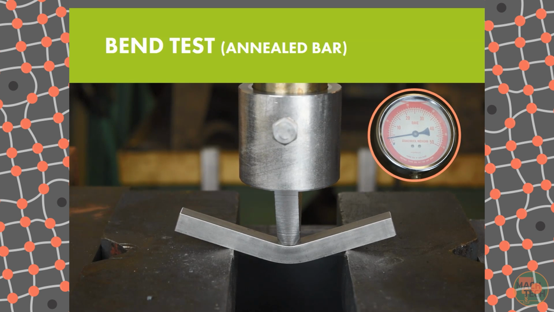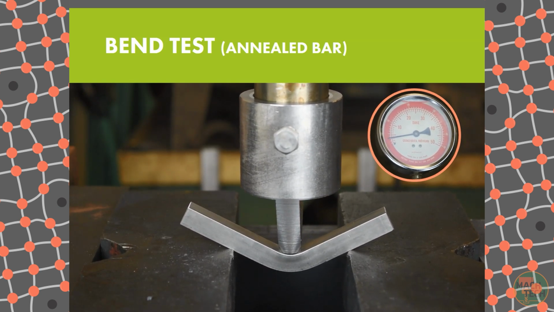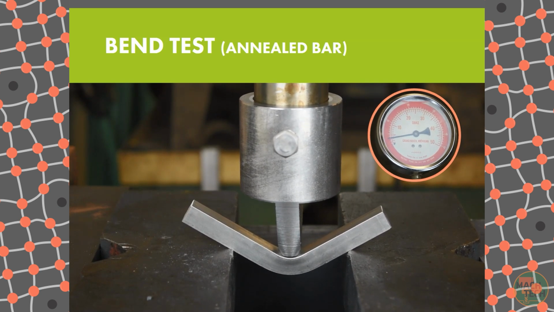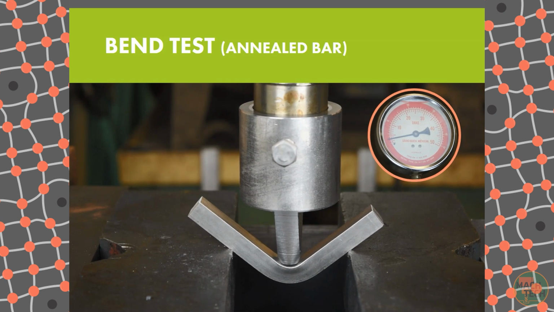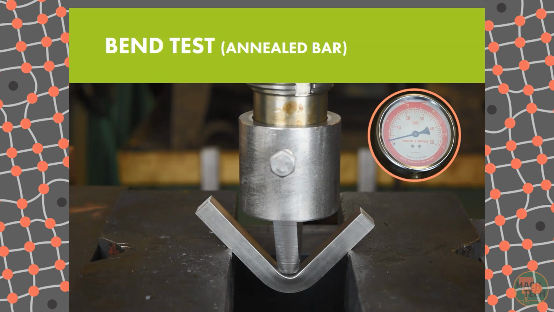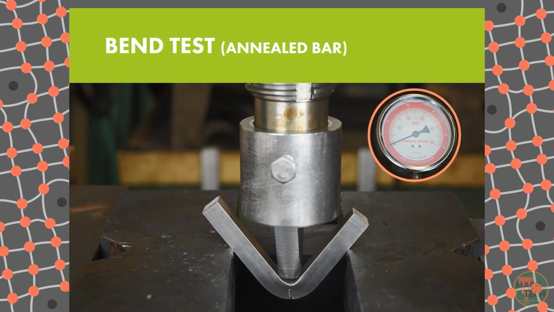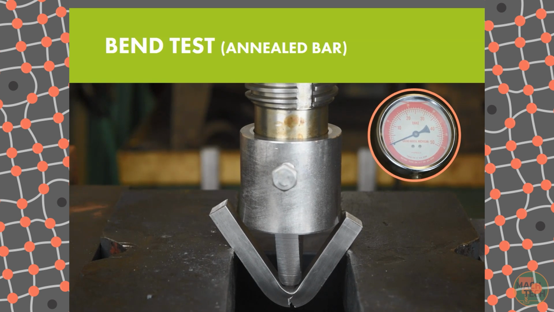The top of the bar is getting squeezed together or put in compression. The bottom of the bar is getting pulled apart or put in tension. The pressure stays pretty constant as the bar bends more and more. In fact, it bends all the way to 90 degrees before a fracture opens up on the bottom side. At this point, the pressure drops to almost zero as the bar just splits in half.